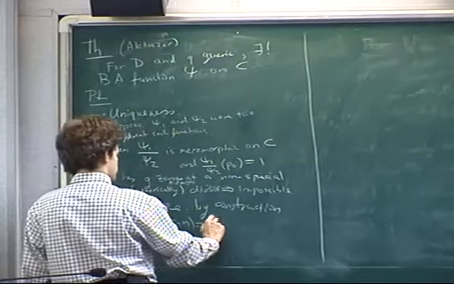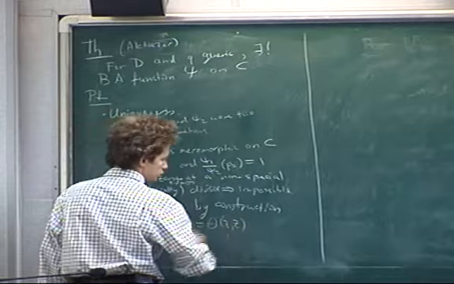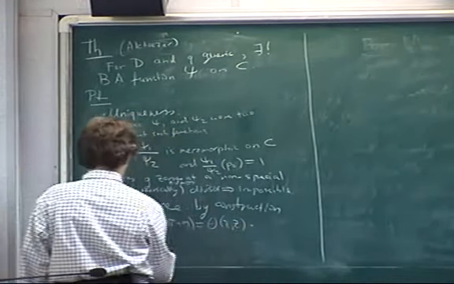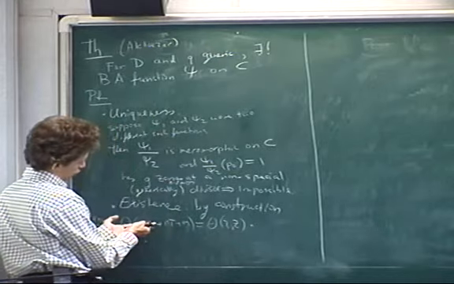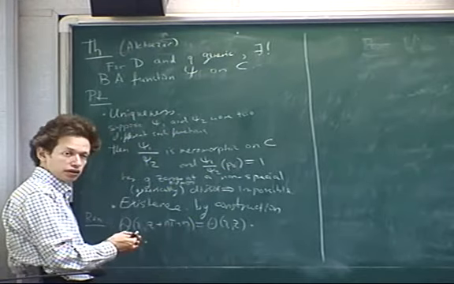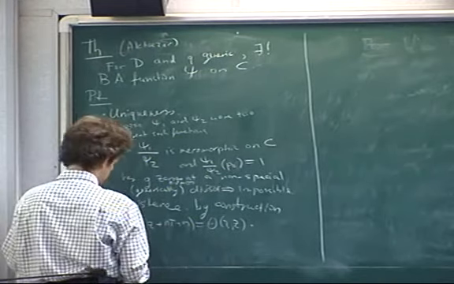So for this I'll need to tell you what the transformation formula for the theta function is. The theta function is a function defined on C to the g, but descends to a line bundle on the abelian variety, so I'll need to tell you what the exponent is.